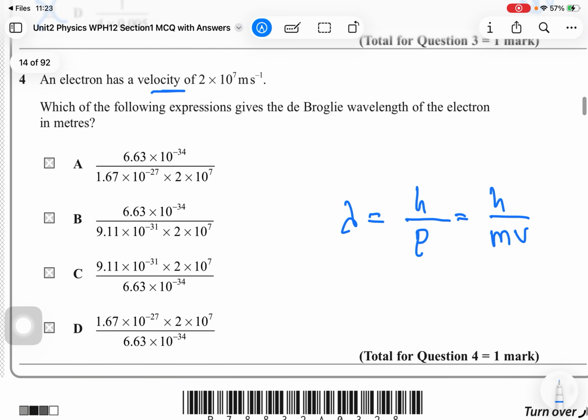According to the question we have h, the mass is this, and the velocity is 2 into 10 to the power 7. Combining everything, our answer would be B.